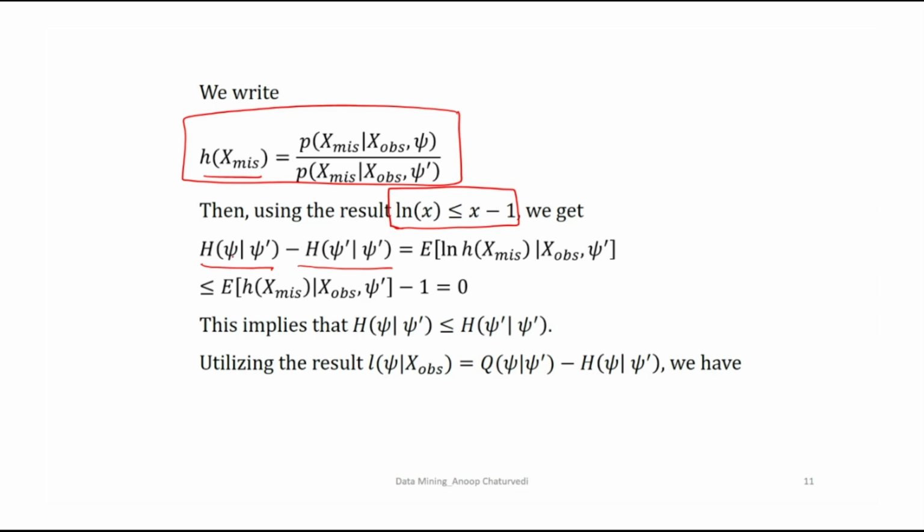You just substitute the values of H(psi given psi dash) and H(psi dash given psi dash) here, and then you write this ratio equal to H(x missing). So ultimately you get this log H(x missing) here.